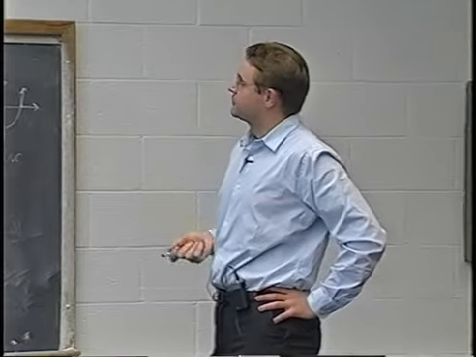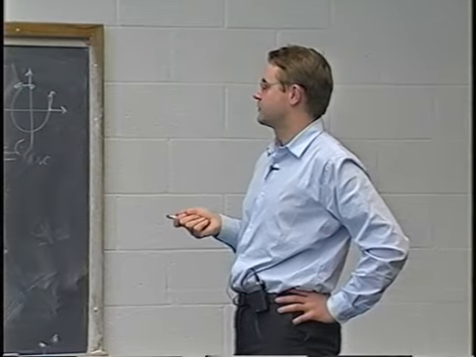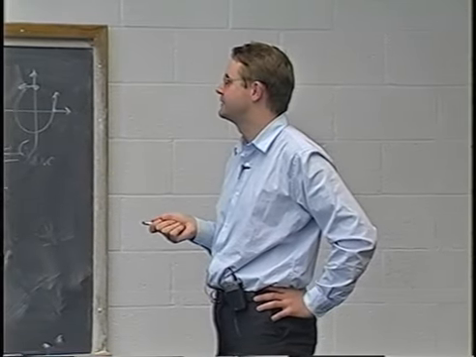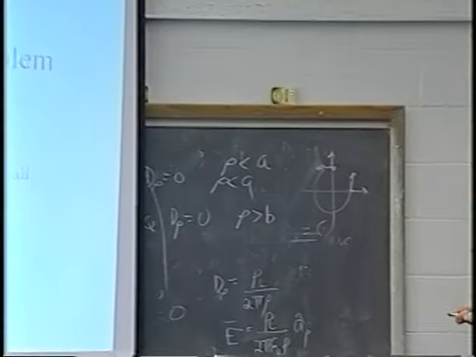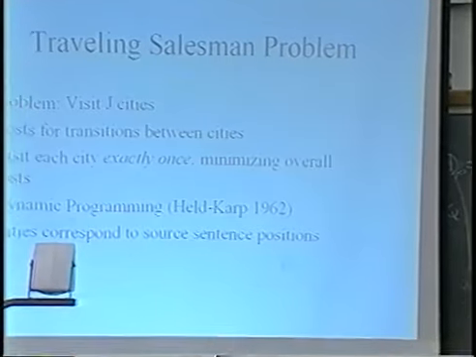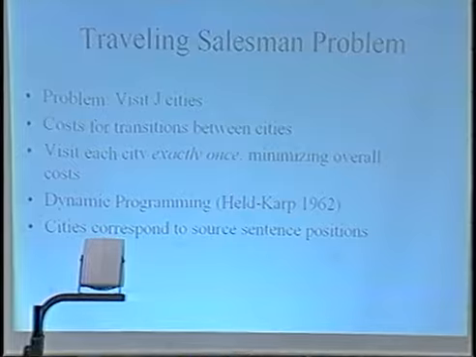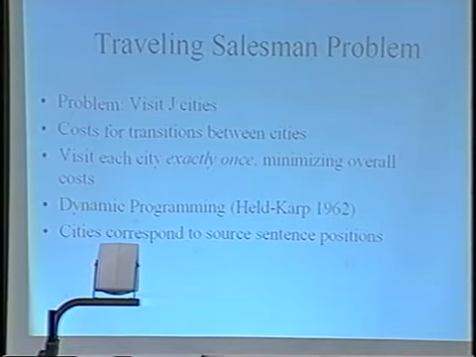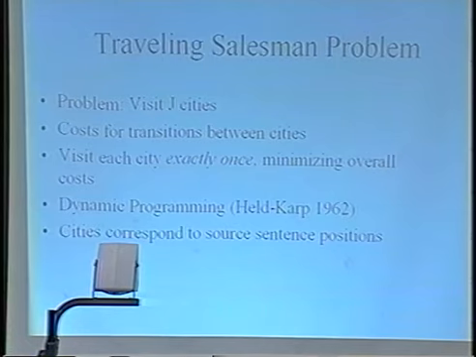So now I explain the traveling salesman problem. So we have J cities, we have costs for transitions between cities. So we have to visit each city exactly once, minimizing the overall cost. And then there's a dynamic programming solution for that problem, which is due to Held and Karp in 62. You can find this algorithm in some optimization textbooks. And then the cities roughly correspond to source sentence positions.